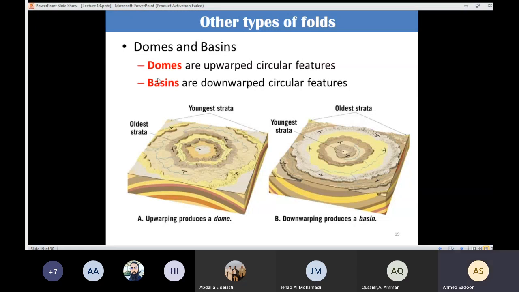So we have the domes, which are described by an upward circular feature. We have a circular feature here. And in the basins, we also have circular features, but this one is downward. The last one is monoclines.